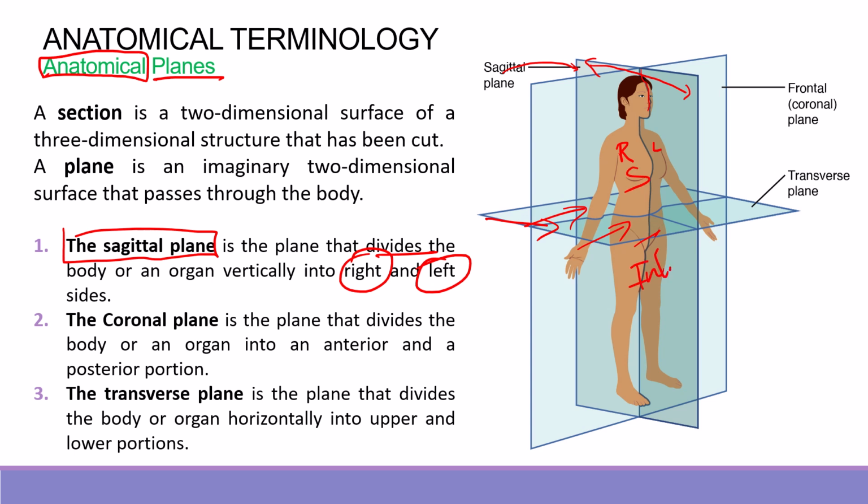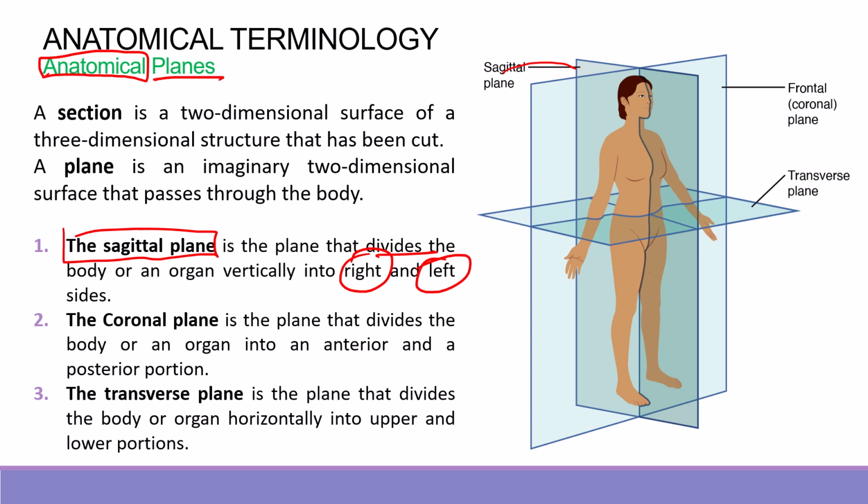And again, in clinical practice, when somebody has a CT scan, the CT scan basically takes pictures of the human body in a transverse cross-section, or in the sagittal cross-section, or sometimes even in a coronal cross-section.